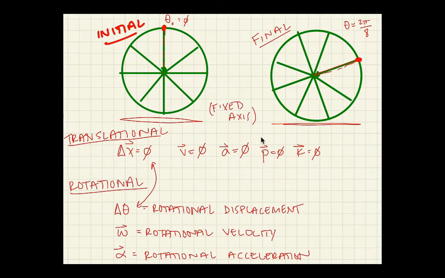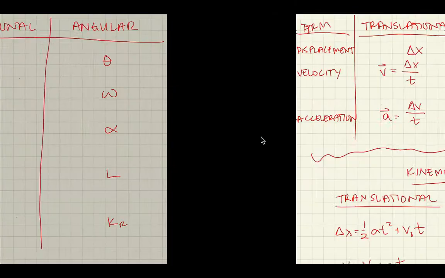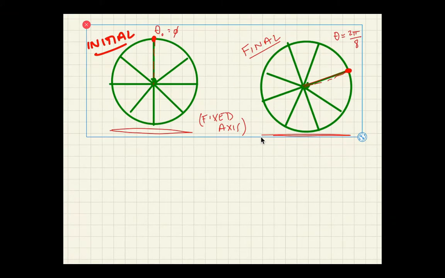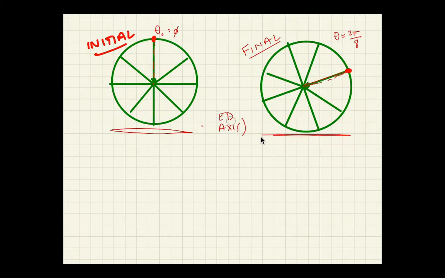So we're going to take this first image, we're going to steal it and copy it. So moving on, how do you get from one to the other, right? So let's say I have this object, and this object is rotating, like a wheel, but this wheel's no longer fixed in place.